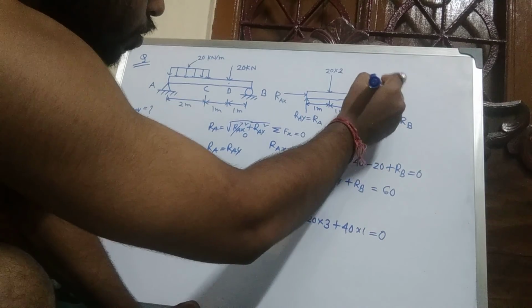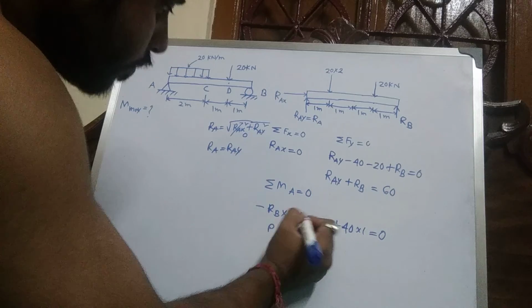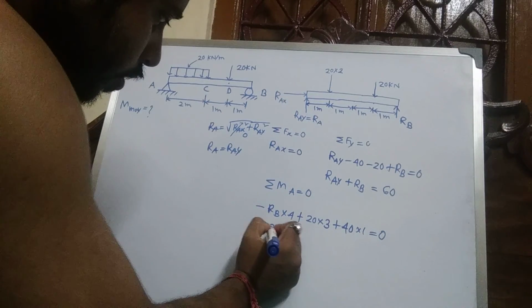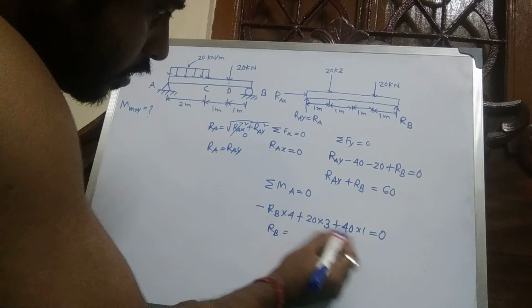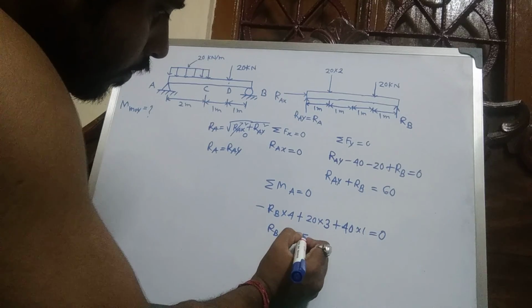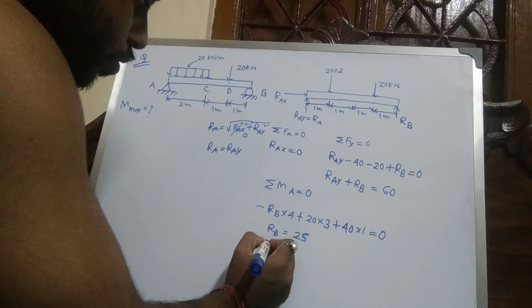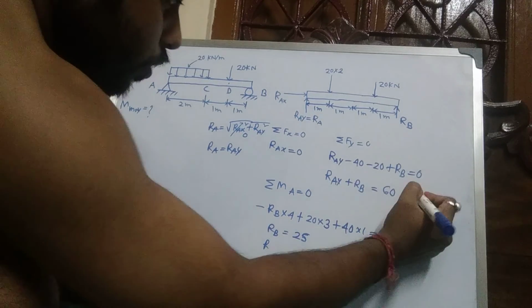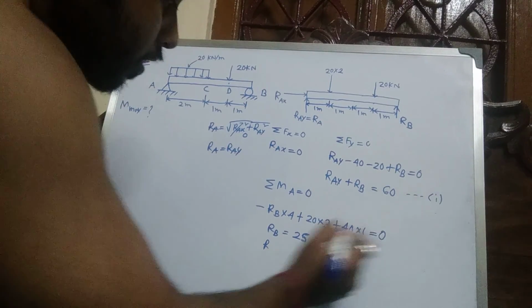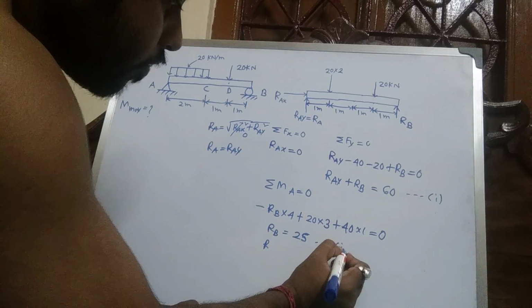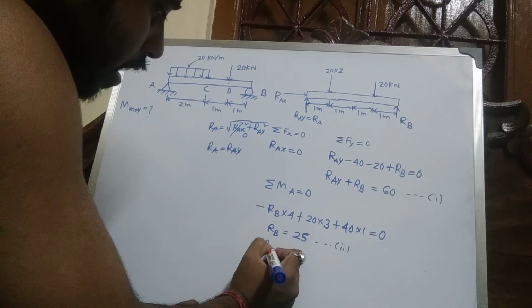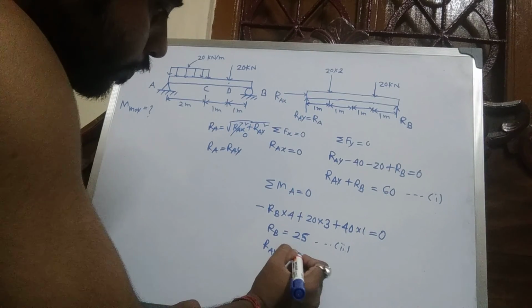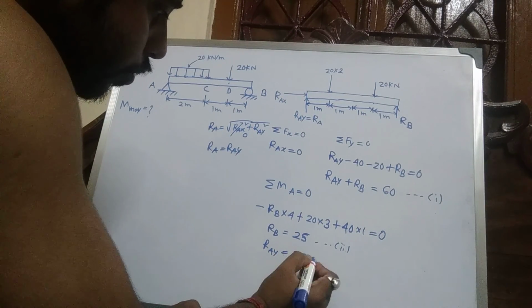Oh, this is also clockwise sense, so positive sign. So RB equal to 100 divided by 4, which is 25. So this is equation number 1, and putting the value of RB in equation 1 we get RAY equal to 35 kilonewton.